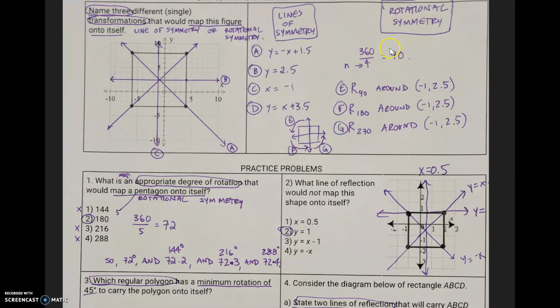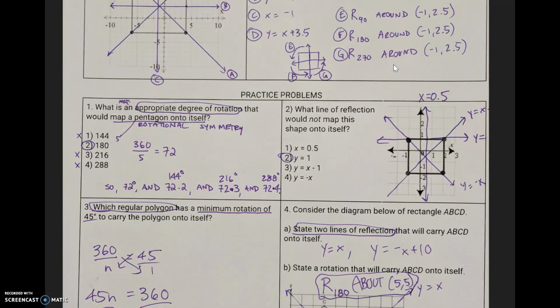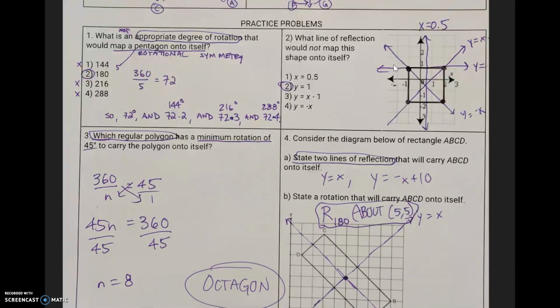Then I can rotate it 90 degrees again, which is a total of 180, and again, which is a total of 270. We stop there, because if we rotate it another 90, that's 360. And any shape, doesn't matter what shape it is, if you rotate it 360 degrees, it's going to give you the same exact shape. Okay, let's move on to the practice problems.